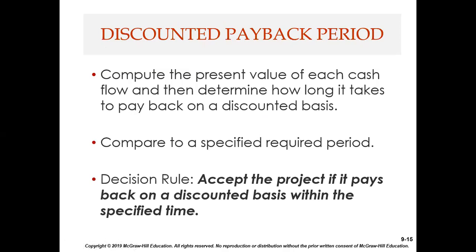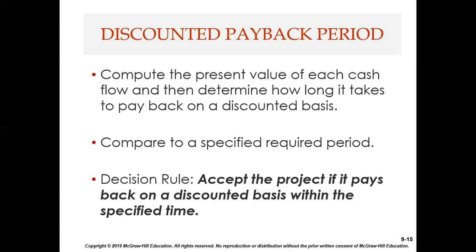So we wouldn't accept it because under those conditions, it says, no, you didn't meet your 2-year rule. But you could see the simplicity of this. So can you use it at all? Well, for very simple, quick decision making, not for longer term projects. Minor decisions are okay.